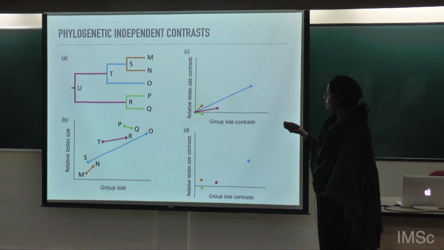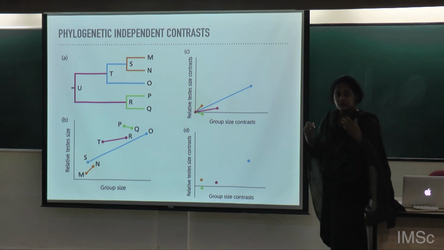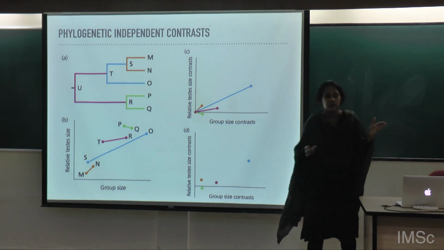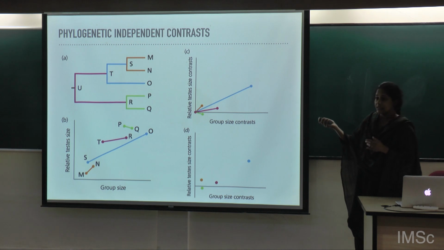A phylogenetic tree constructs distances between species and their common ancestors, right? So in some sense you're looking at contrasts between one species and a common ancestor. You're looking at the difference that the trait M and N have compared to S, and so on and so forth.